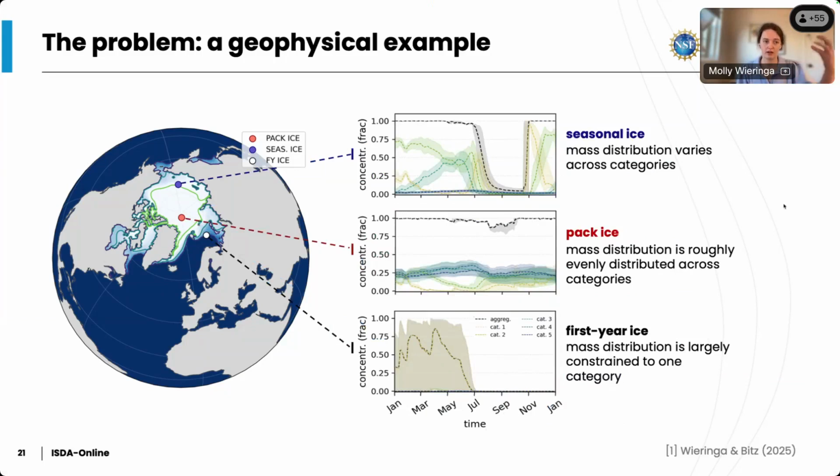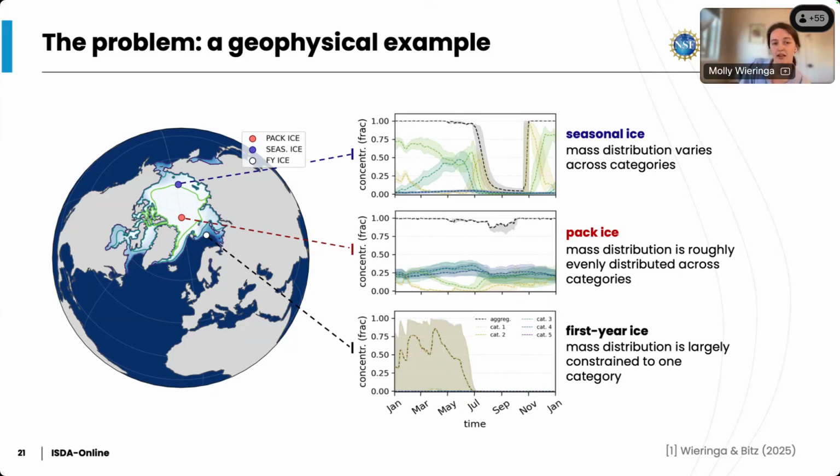So for example, I've pulled out a couple different representative sea ice regimes that you might see in a larger geophysical model, where on the top, we're talking about seasonal ice, which in the black line in total sea ice concentration oscillates over the course of the year from total sea ice coverage to next to no sea ice coverage. And for which the fractional subdivision of sea ice concentration across the area subcategories shown in the colored lines varies pretty widely throughout the year.